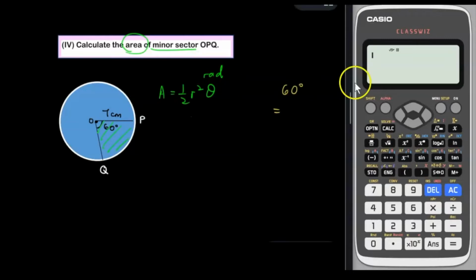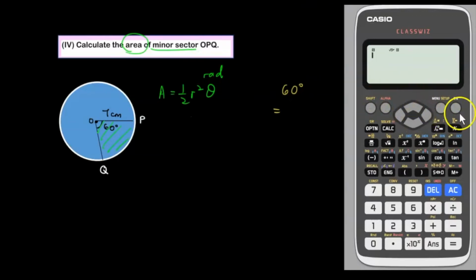So I'm going to use the Casio Classwiz calculator to find the answer in radian. So we need to set it to become radian first. Okay, press shift and then press setup and then press number 2 angle unit, and then you press 2 radian because we want our answer to be in radian. So now it has this symbol R on the screen. Okay, and then you see 60 degrees, press 60, press equals, and then press OPTN.